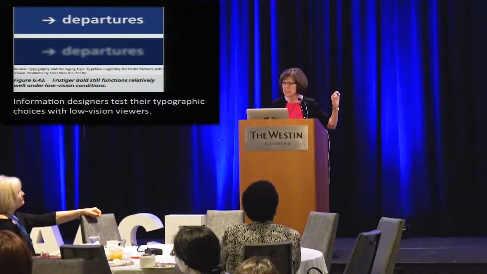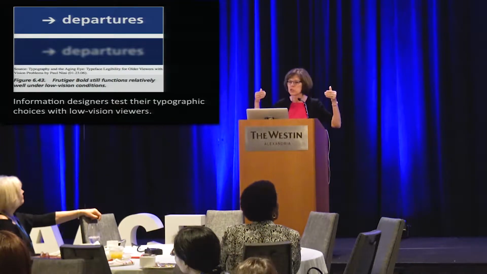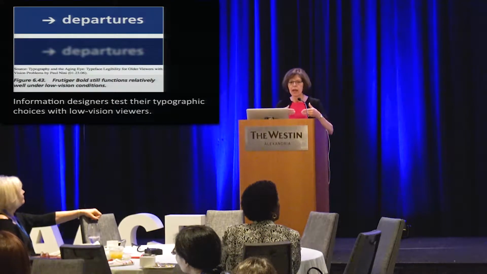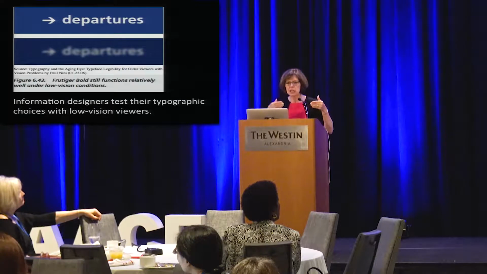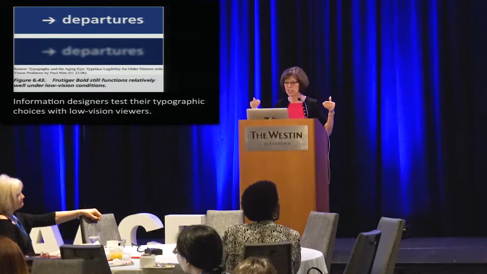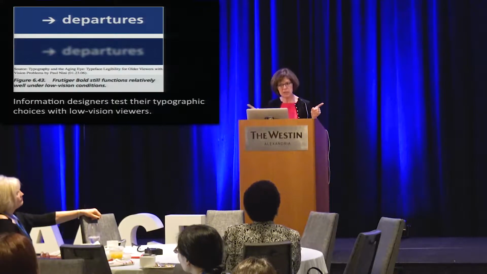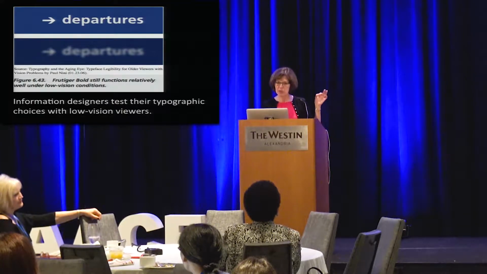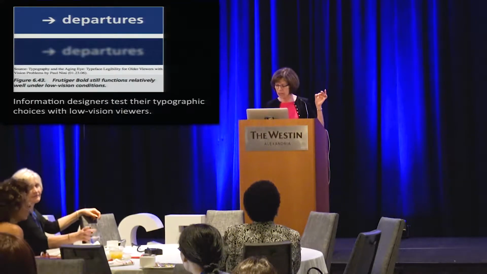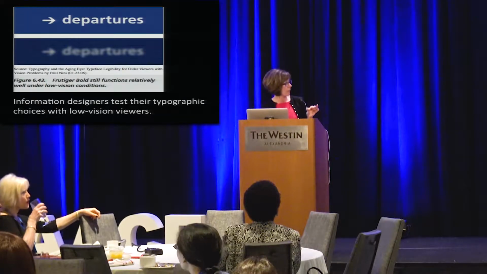And the reason you can see it is because it has good letter spacing. That's the distance between each letter. Notice the letters are not touching. Okay, so if they were squished together, you wouldn't be able to figure that out. But so they test these things under very different kinds of conditions.